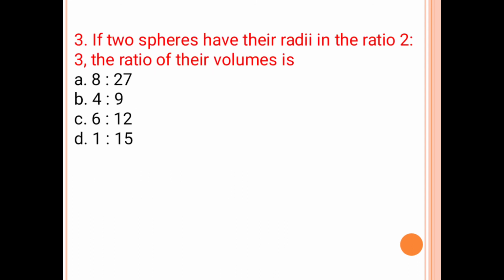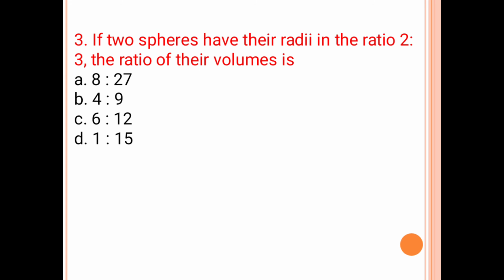Now we go for the third problem. If two spheres have radii in the ratio 2:3, we want to find the ratio of their volumes. Volume is three-dimensional, so we take the cube of the given ratio to get the answer.